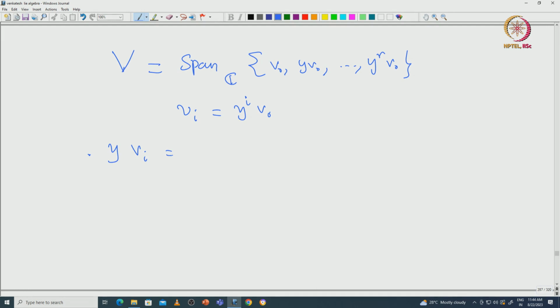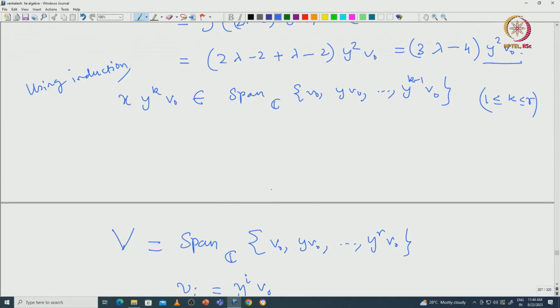So, it means y v I is just v I plus 1. That is easy to see, and then h v I is actually going to give me lambda minus 2 I v I, because every time h acts, it reduces the eigenvalue. Okay.